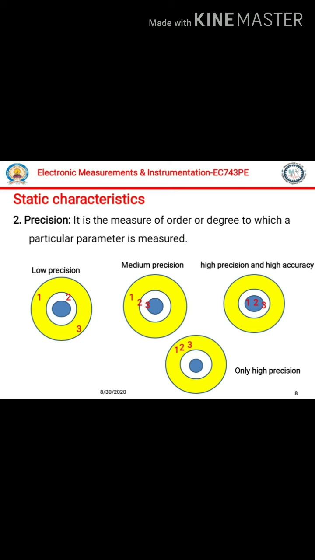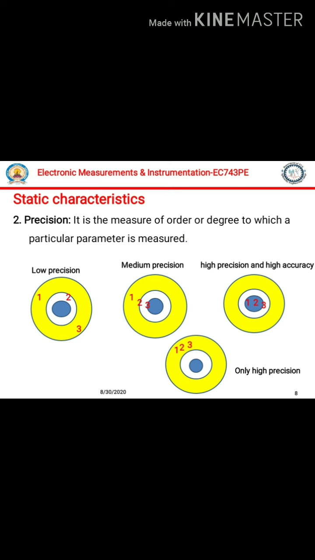In defining precision, we only look at the successive measurements. So the third and fourth diagrams, in which all three successive attempts are very close to each other, are highly precise.